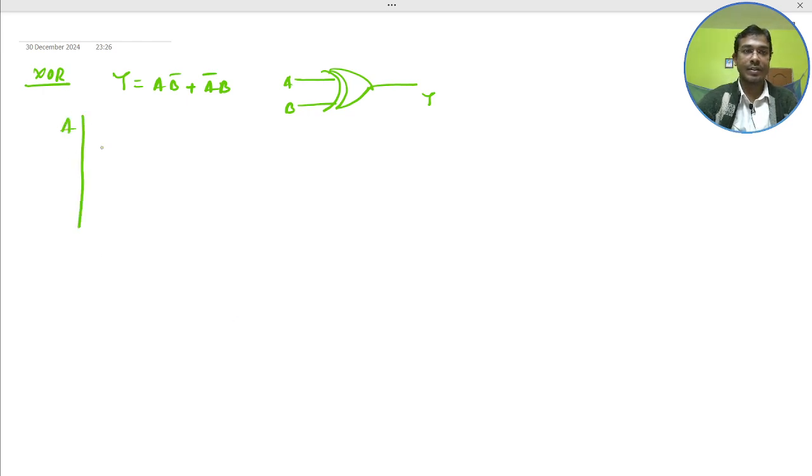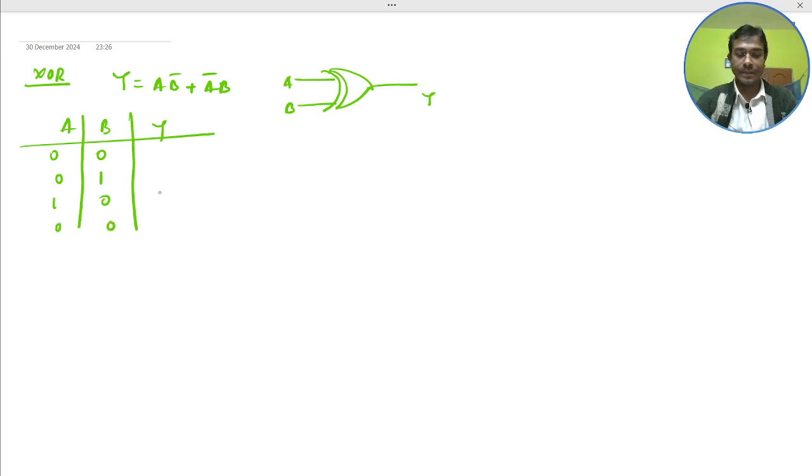In the truth table, the outputs are 0 1 1 0, this is the XOR gate.